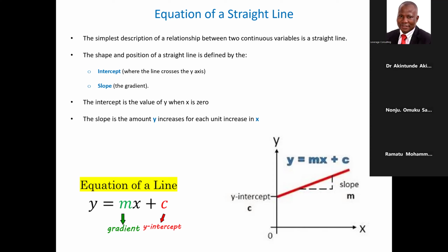The meaning of the equation of a straight line is this. If the straight line is representing two variables, like the age of a child and the weight of a child, if it's a straight line relationship, so if the age increases by 1, the weight will increase by a certain number.